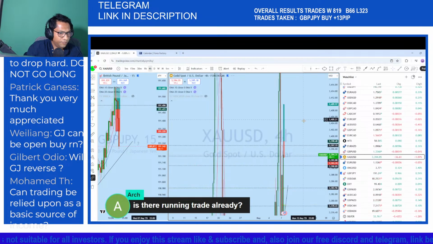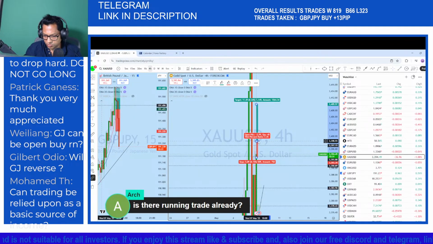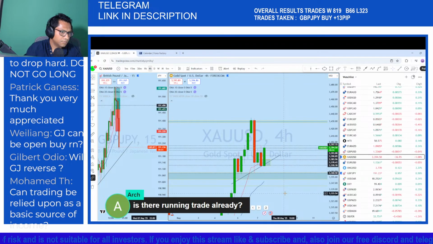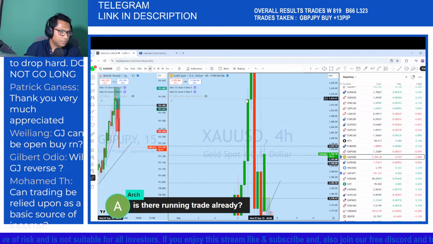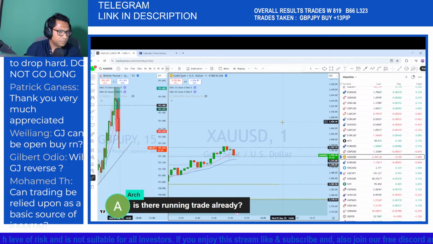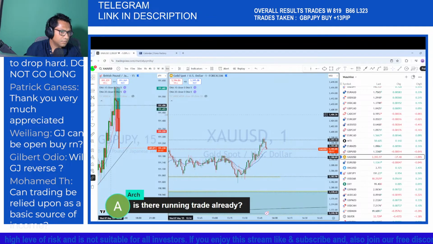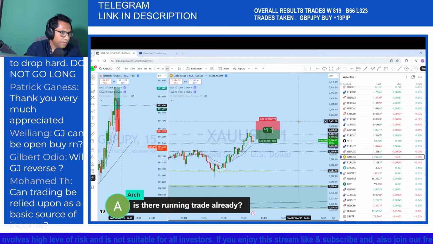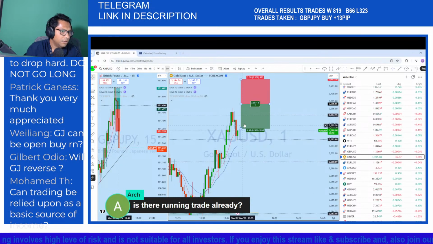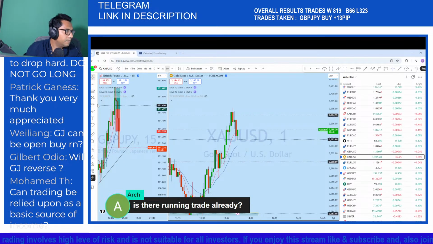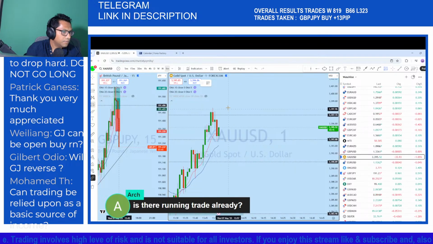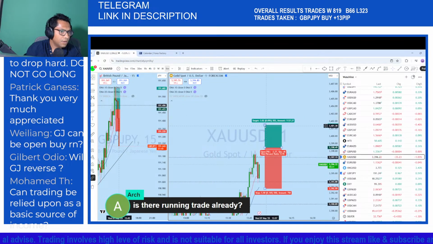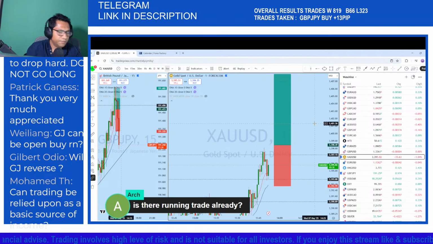Now looking at the 4-hour again, let's wait to see that. Placing a buy stop above this high, stop loss below this low, TP target to this level.